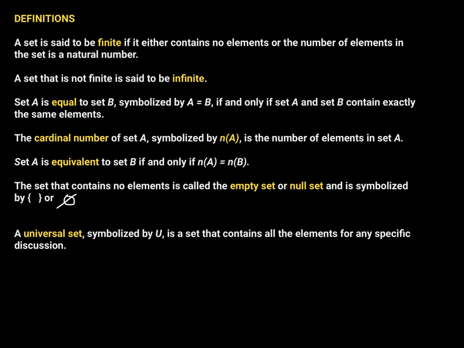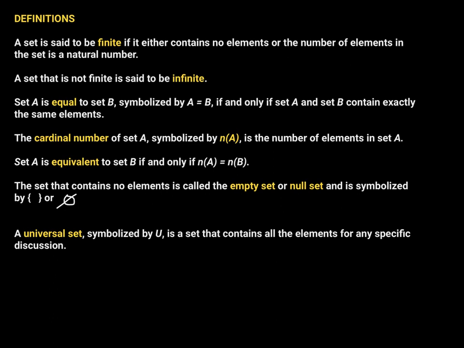So if, for example, the set we're talking about is the months of the year, January, February, March, April, May, June, July, August, September, October, November, December. That set, the cardinal number would be 12 because there's 12 months in a year. There's 12 elements in that set. So the cardinal number of a set is just how many elements are in that set.